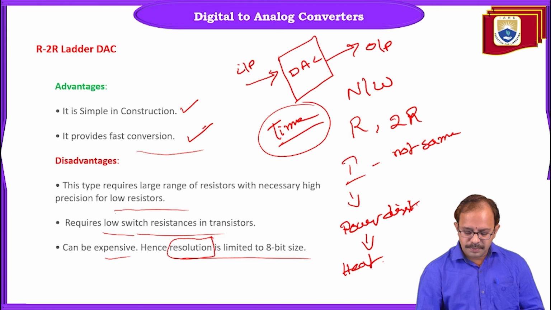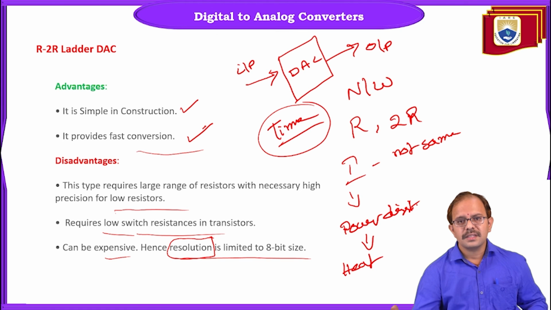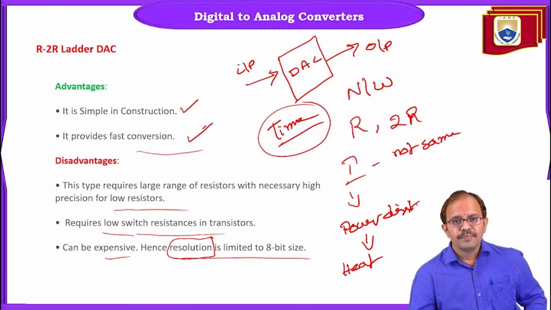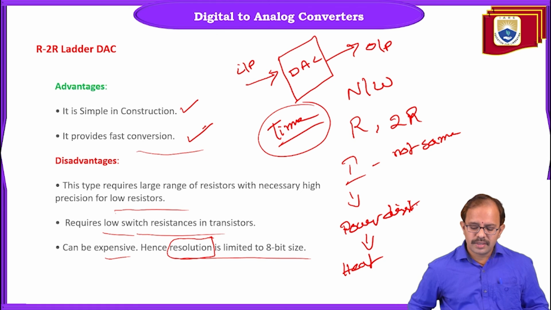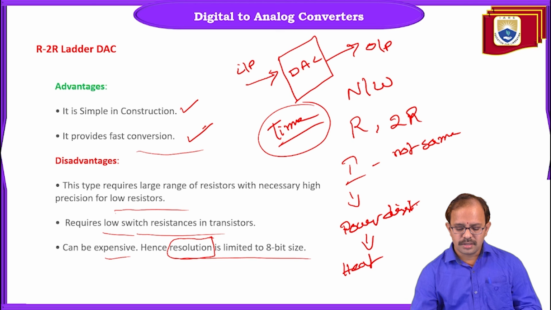That will affect the performance, and this may later produce a wrong output across the output terminals, right? So this is a challenging one. In the next lecture, we are going to discuss the inverted R2R DAC, where we will try to overcome this drawback.